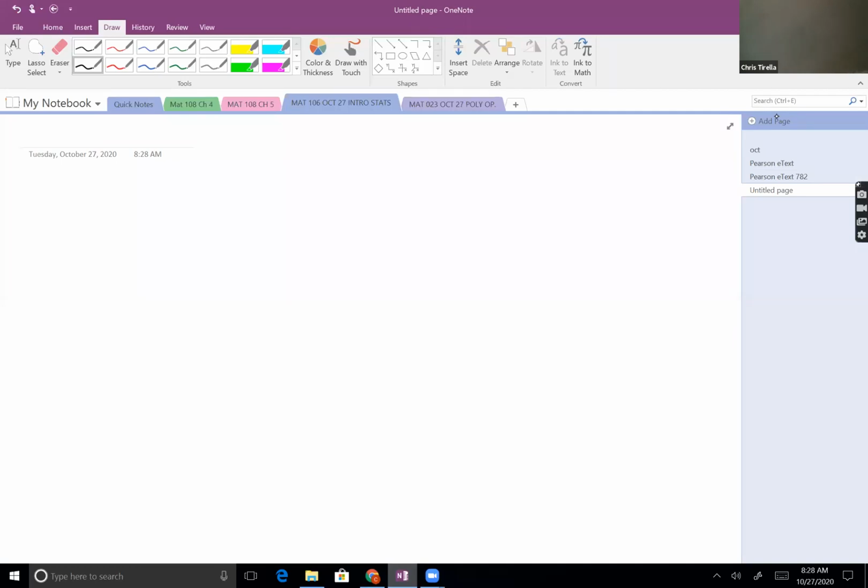Once that data is collected, the idea is organizing data. And in order to organize data, I'm going to need to have some data.